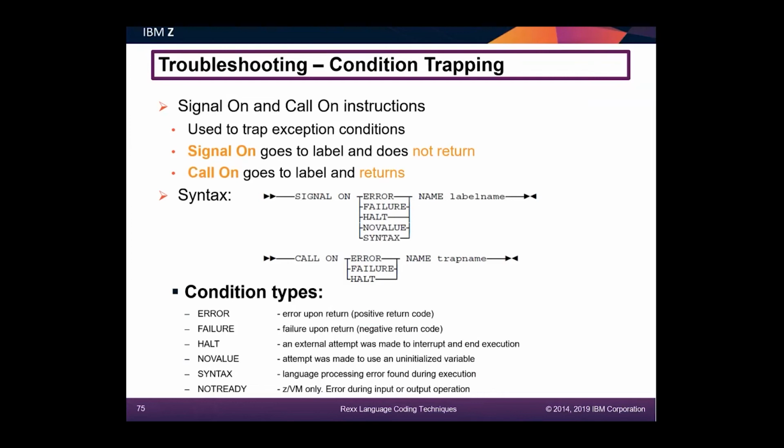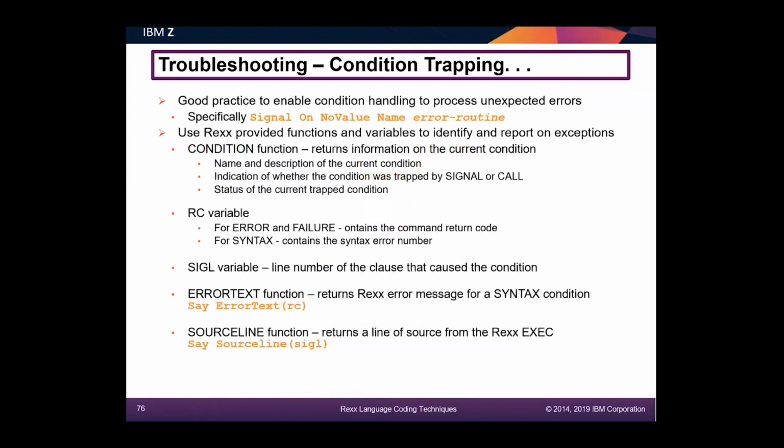Now, I will tell you that, of course, if you're compiling your Rexx code, you should never have a syntax error. But lots of people use signal on no value as a good way to make sure in their program that they've initialized any variables that they want to use. I talk about this on the next slide. So a good practice that you'll see in some Rexx programs is signal on no value name, and then the name of the error routine.